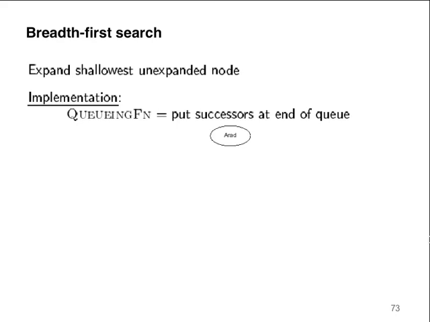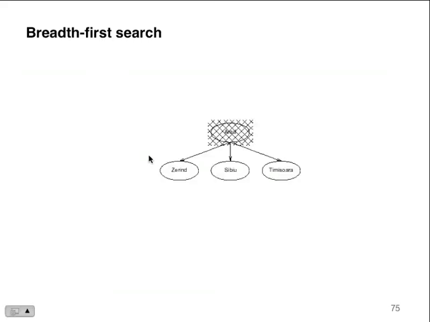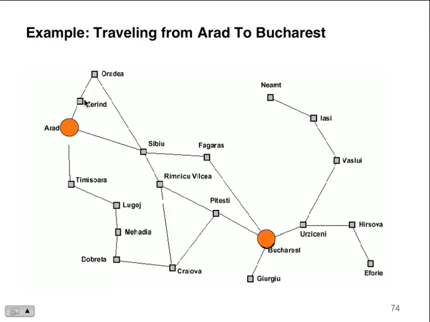So breadth first search. What are we looking at? Expand shallowest unexpanded node. In terms of the implementation, the queue would start at the beginning, Arad, which is the beginning node, the root, and put successors at the end of the queue. So if we're traveling from Arad to Bucharest, we're going to expand out this way. So we see the 3 cities here.